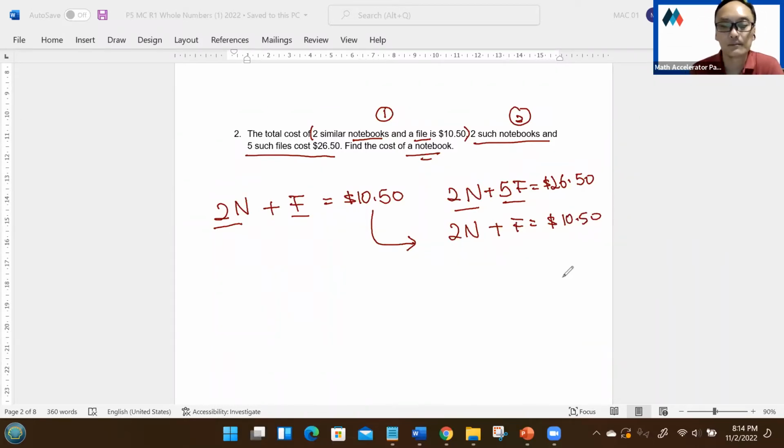Okay. So now we're going to do a subtraction. So after that, we have already eliminated the notebook. So 5 files minus 1 file, we're left with 4 files. Can you find out for me what's the difference between 2650 and 1050?